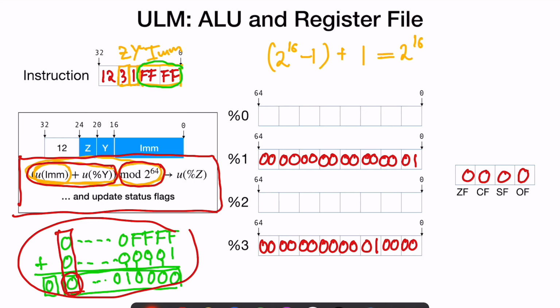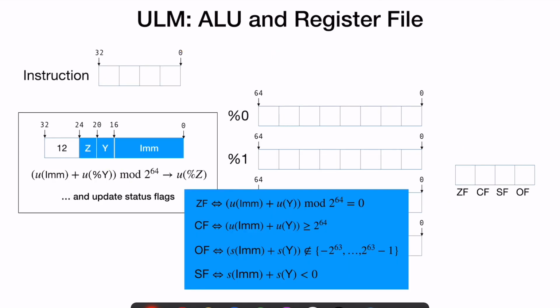Let me also show you the formal descriptions for updating the status flags. That's here. It's, for example, characterizing in which cases the 0 flag is set to 0 or to 1 after an instruction. It's characterizing it, but it's not describing how the architecture or how you should determine this 0 flag. But the meaning of it is that you first carry out formally this addition of unsigned integers, and the result in general will require 65 bits.